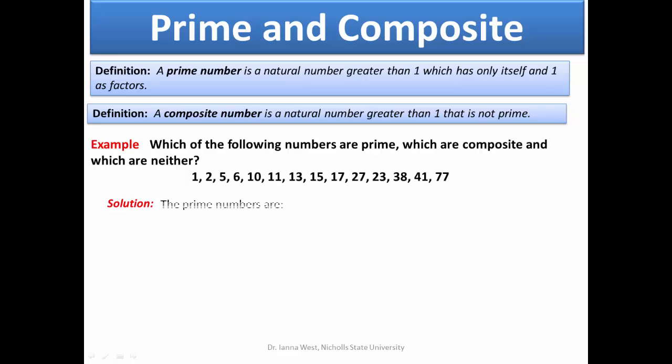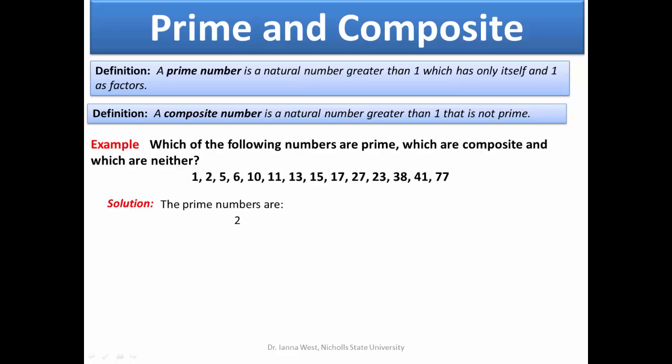We will begin with the prime numbers. Notice that the first number in the list is 1. 1 is neither prime nor composite because prime numbers are greater than 1 and composite numbers are greater than 1. Therefore, 1 is neither prime nor is it composite. The second number is 2. 2 is a prime number.